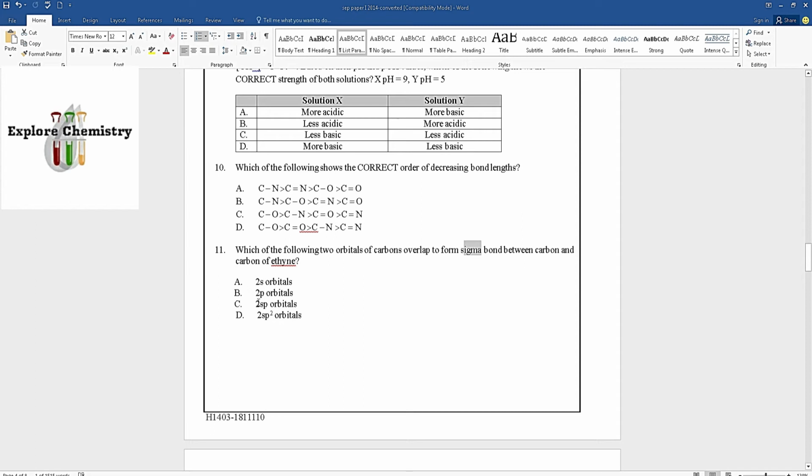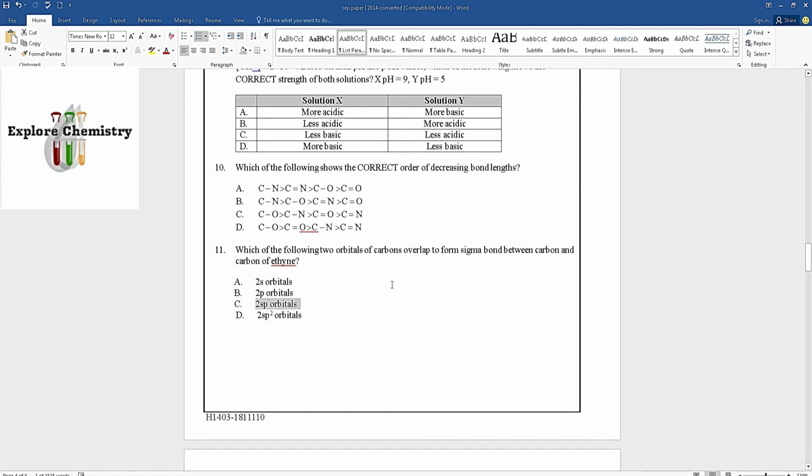So two sp1 orbitals will overlap, one sp1 from one carbon, another sp1 orbital from another carbon.